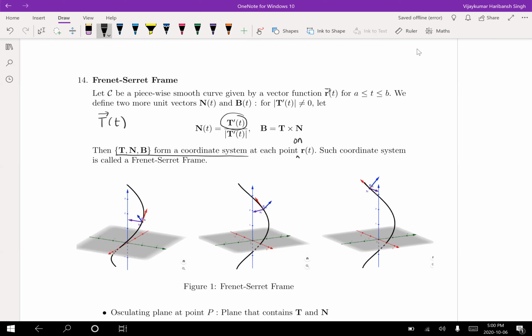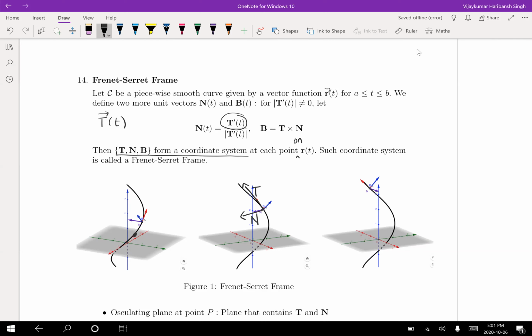If you look at any point, say let's move here, at these points there will be three mutually orthogonal, or perpendicular, vectors. It's like x, y, z, right? They basically give you tangent, normal, and binormal. So the idea is, suppose this is your normal, this is your tangent.